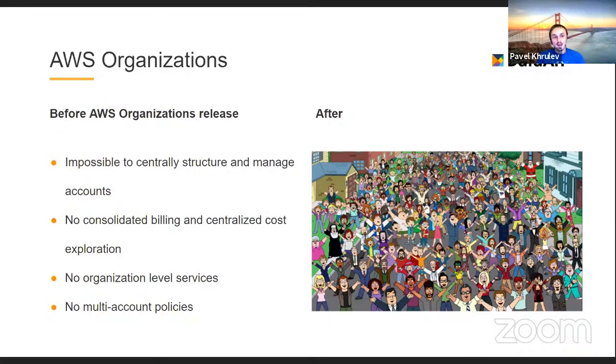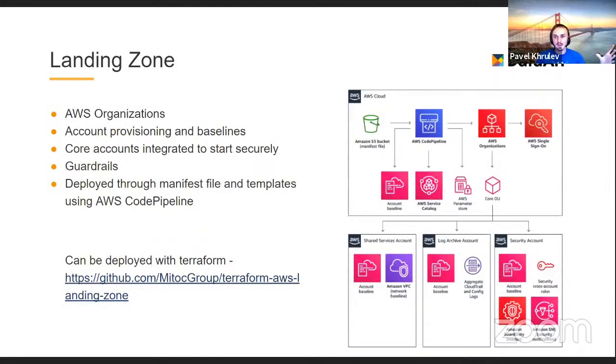So different organizations started to invent their own things. And as in software development, when everybody invents their own things, then comes a helper, a framework that allows us to standardize some things and not reinvent the wheel. And AWS did that.